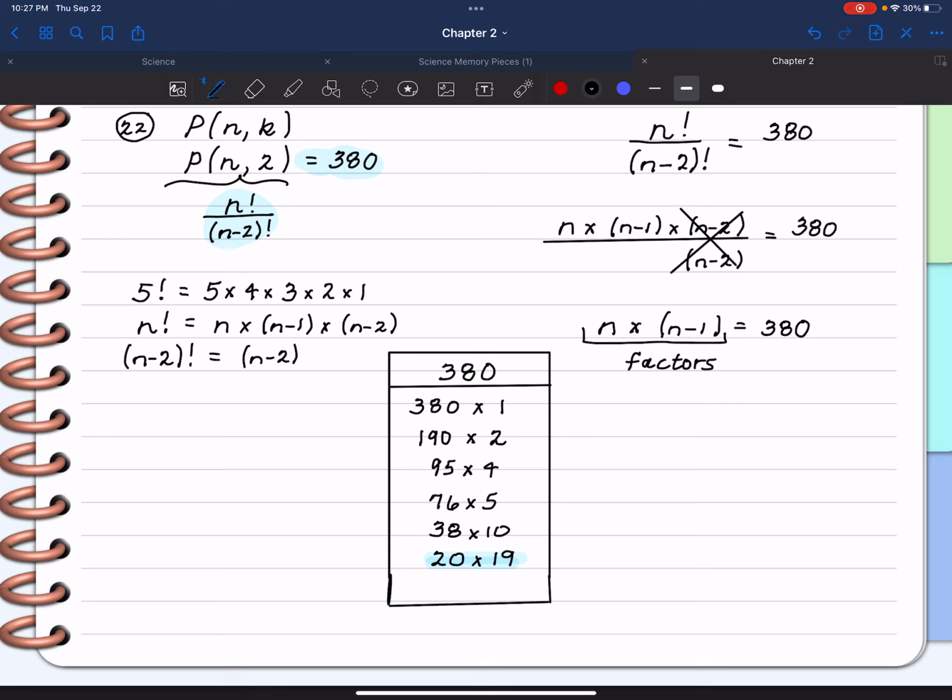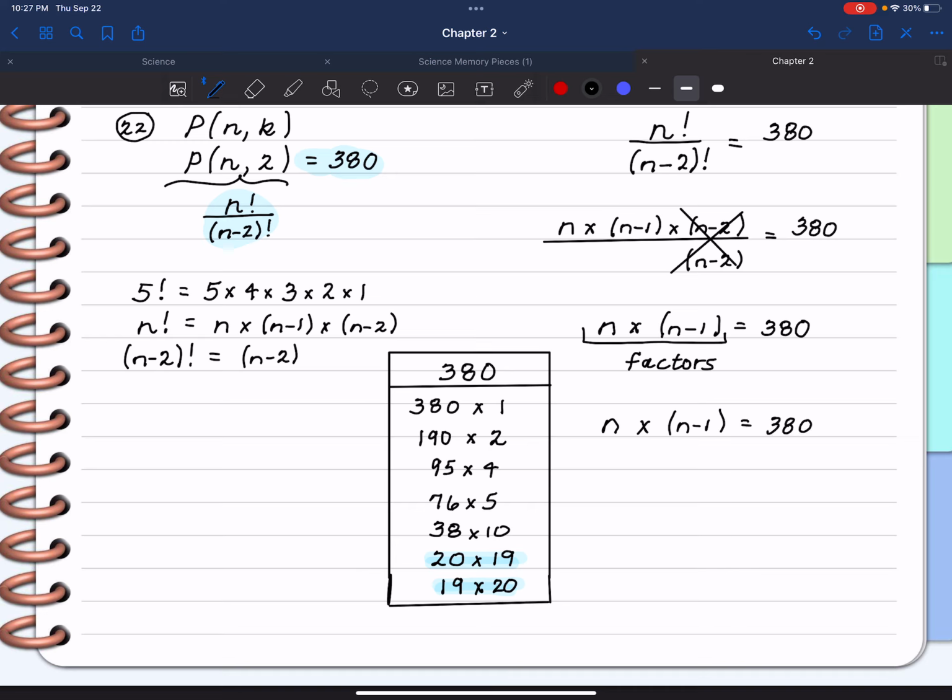Okay, so the next one would be 380 divided by 20 is 19. So this would turn that same one around, and then we just start back down the line. So that tells me we've reached the end there. But those are the two that I want. Because look at this. n times n minus 1 is 380.